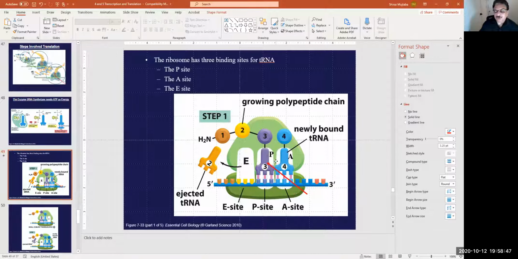The P site is responsible for the growing polypeptide, right? And then E site is the exit site. Now the exit site is for that tRNA which has dislodged its amino acid. So this is, let's say, the tRNA that brought amino acid number 2. Now this tRNA dislodged its amino acid number 2 here, right? So now this tRNA is empty. It has to go away. So it goes from the exit site, right?